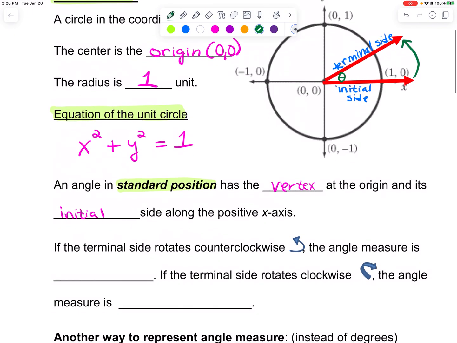Okay, so if the terminal side rotates counterclockwise, remember when we did rotations, the angle measure is positive. If the terminal side rotates clockwise, the angle measure is negative. So you can have negative angle measures.